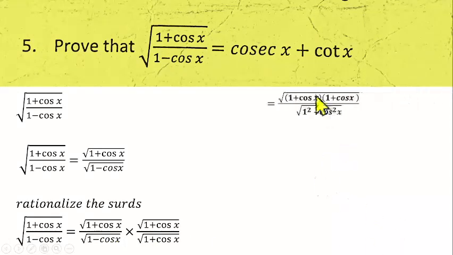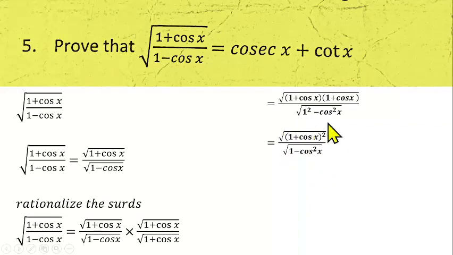So from there, that means you'll have the square root of a perfect square over the square root of the difference of 2 squares. Do we understand that? Then this multiplied by this will give a perfect square. That should give us the square root of 1 plus cos x squared over the surd of 1 squared minus cos squared x.